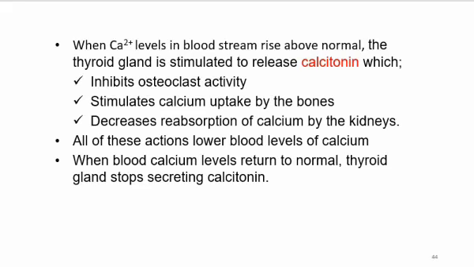So if there's a lot of calcium circulating in the bloodstream, much of that calcium will be deposited and stored in the bones, so that it's not in free circulation. Lastly, calcitonin will decrease the absorption of calcium from the kidney tubules. All these events combined will reduce the amount of calcium ions in circulation.